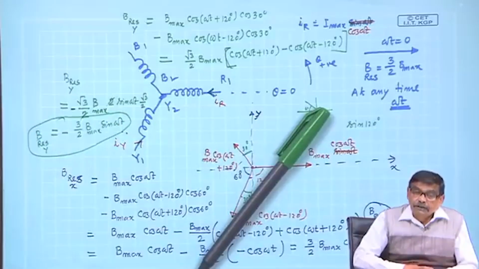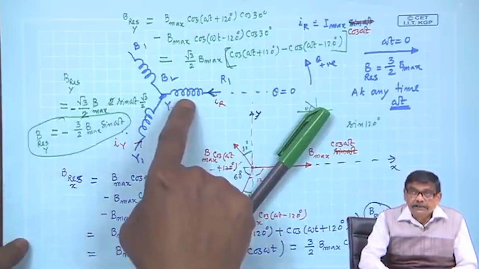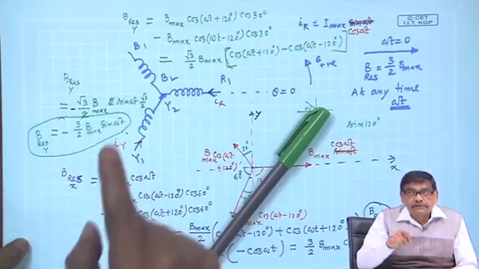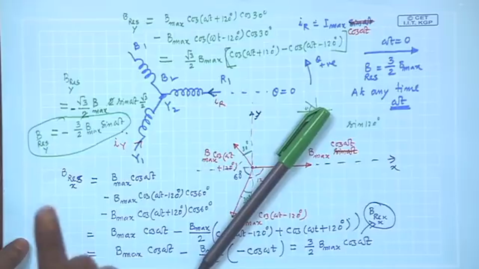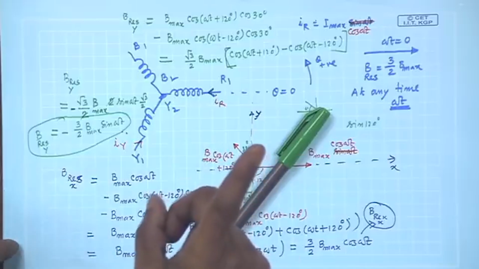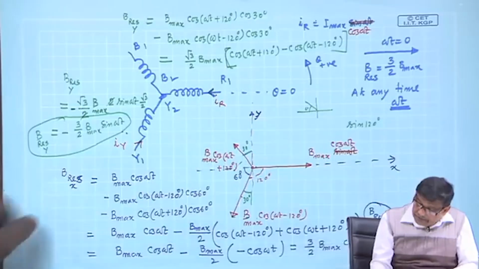What is B max? Each phase produces its own pulsating magnetic field, the amplitude of that is B max, which corresponds to I max. So, this is the phase magnitude. Okay.